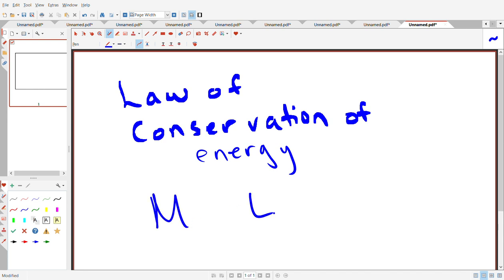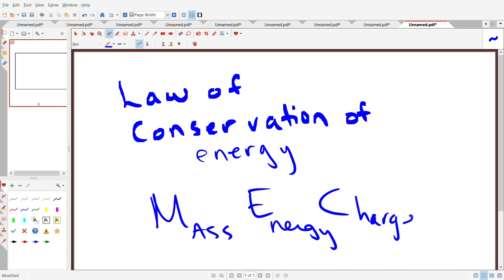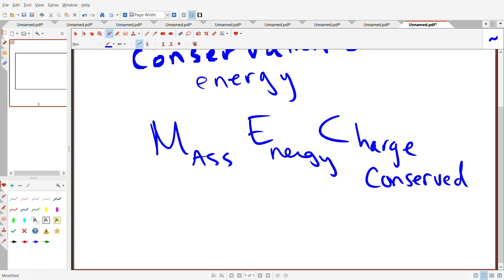And I just say mass, energy, and charge is conserved. So if they say what's conserved, mass, energy, and charge. And mass means you have equal weights on each side, and charge is equal charge on each side, and energy.